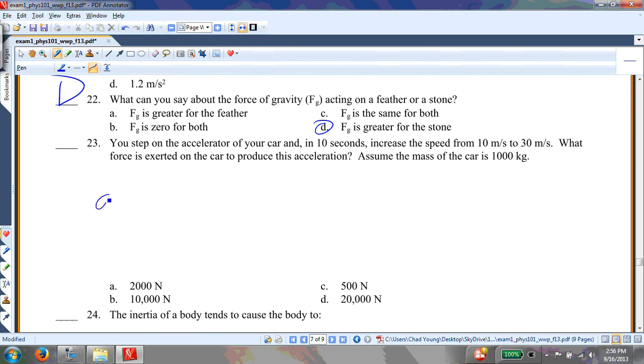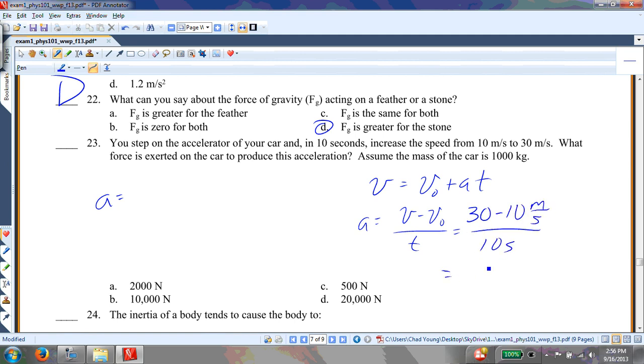Well, first we need to find the acceleration. We know that V is equal to V naught plus AT. So we can solve this for the acceleration. I go from 10 to 30, so I have 30 minus 10, it's 20 over 10, or 2 meters per second squared. That's my acceleration.